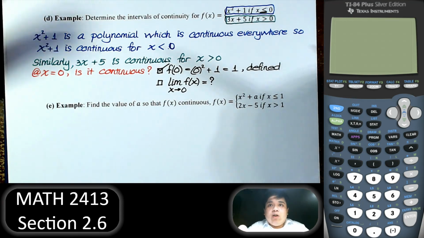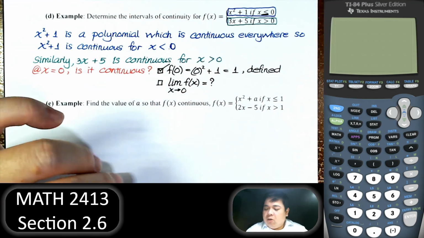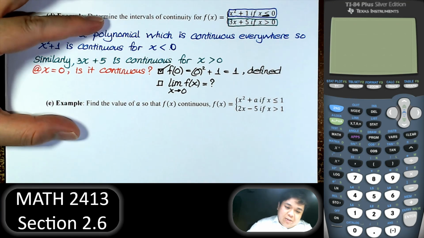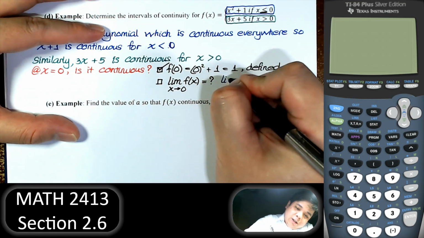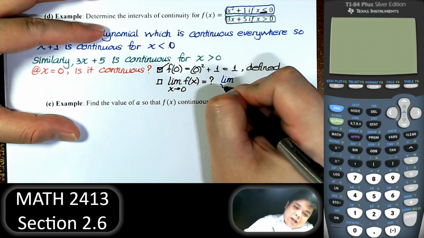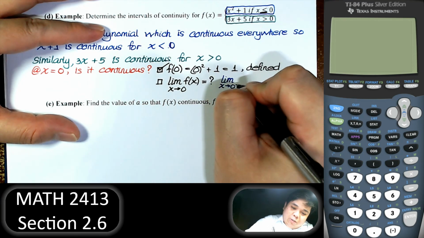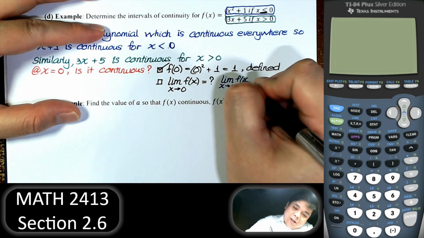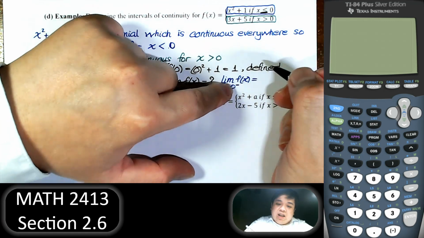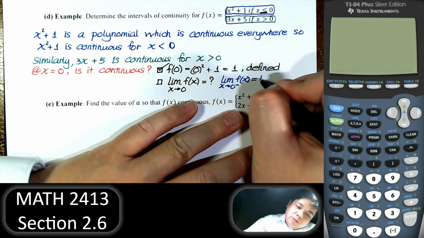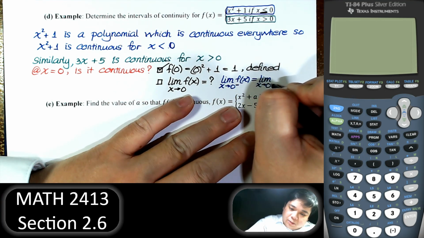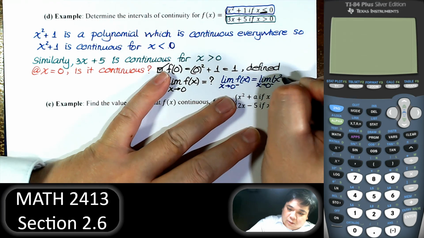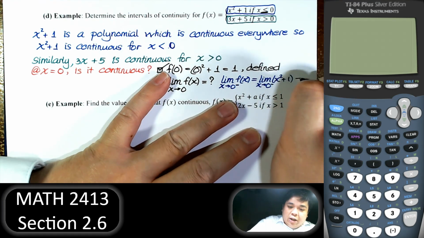For a piecewise function, what happened on the left, what happened on the right? On the left, we use this function: limit as x goes to 0 from the left side. When x is less than 0, it is x squared plus 1, and if we put 0 in it, it is 1.